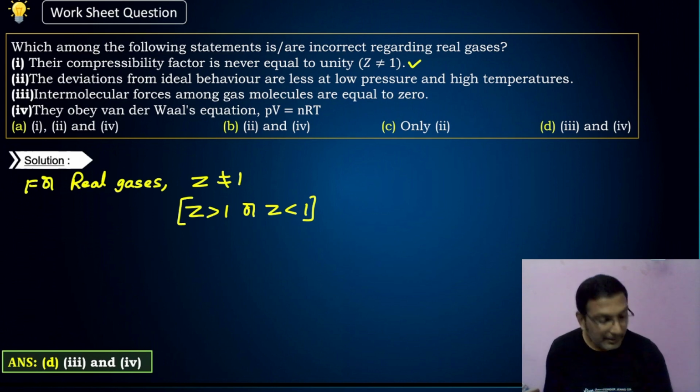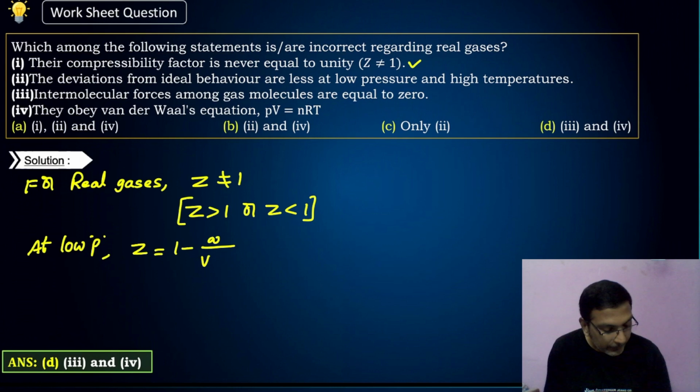At low pressure, compressibility factor Z equals 1 minus a by VRT. Next, third: intermolecular forces are equal to 0.